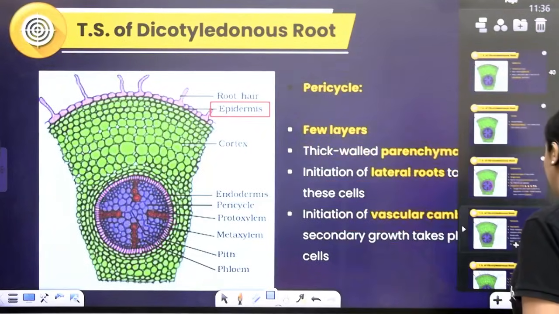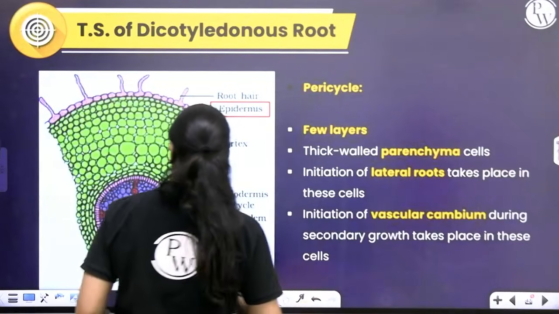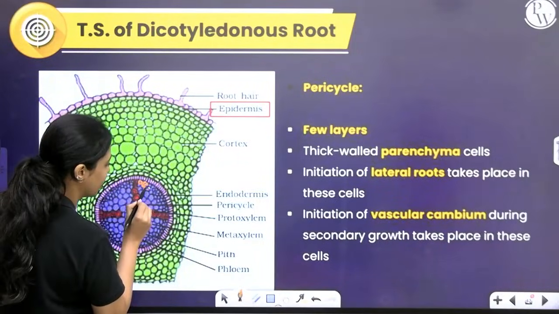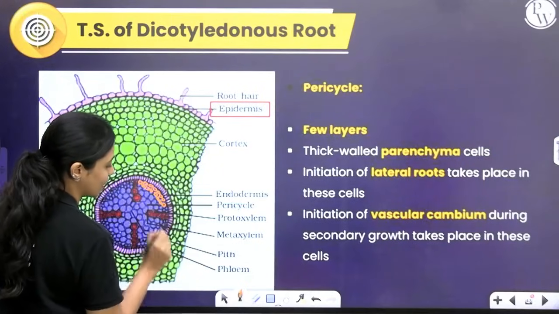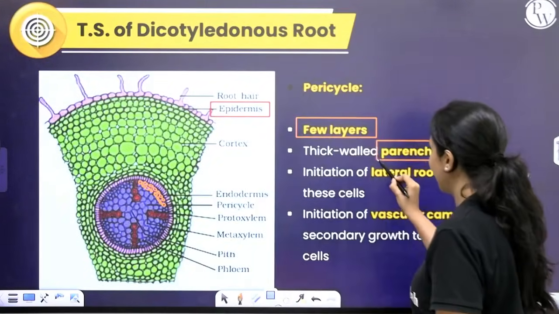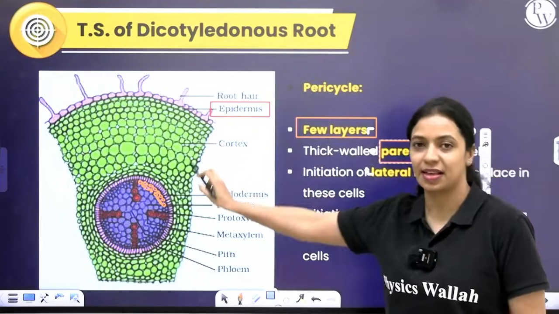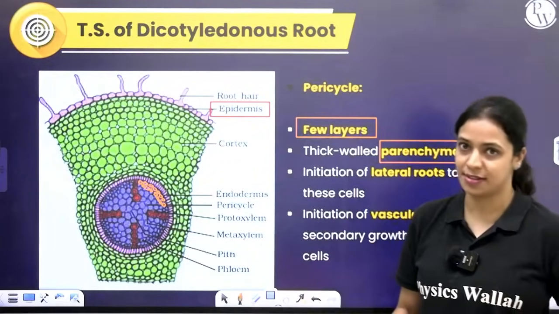Right inside the endodermis, what you have is called the pericycle. Okay, so pericycle can be a few layers in thickness. The pericycle also is made up of parenchyma, but unlike the cortical parenchymatous cells here, the pericycle parenchyma has relatively thicker cell wall.